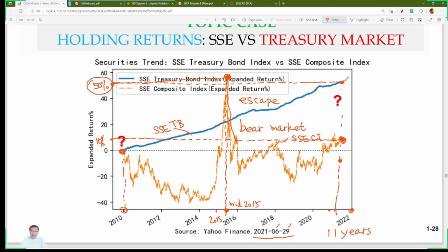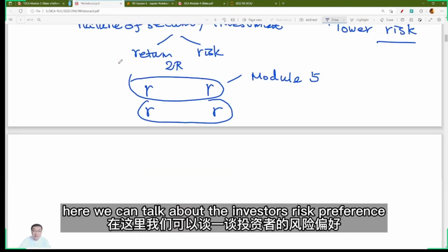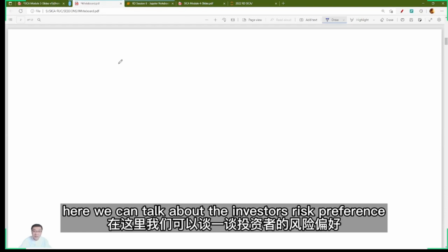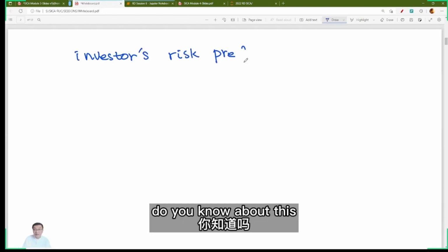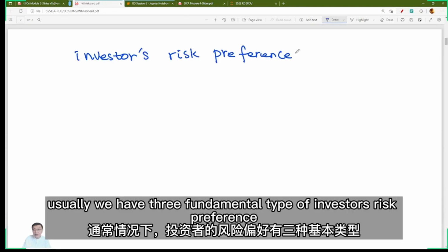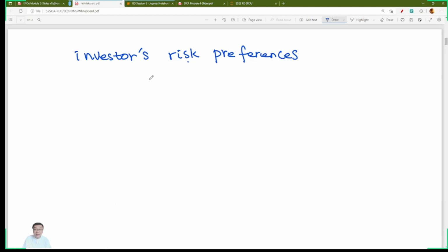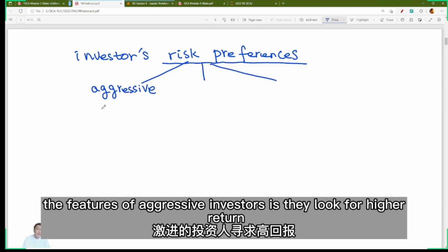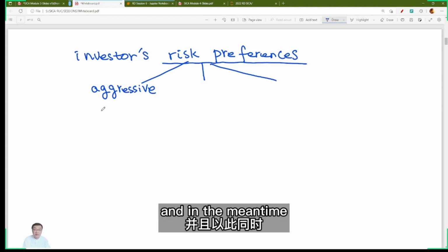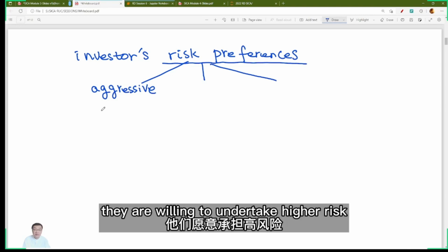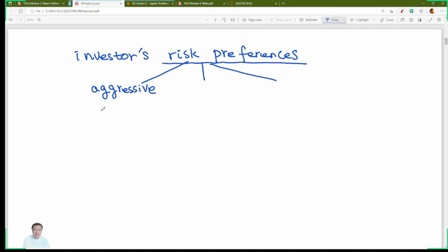Here we can talk about investors' risk preference. Do you know about this? Usually we have three fundamental types of investors' risk preference. The first type we call aggressive. The features of aggressive investors are that they look for higher return, and in the meantime, they are willing to undertake higher risk.